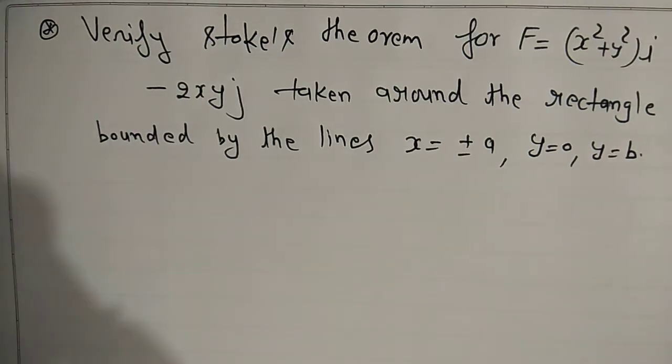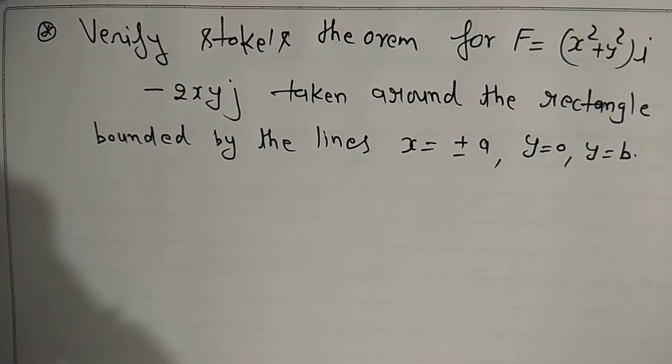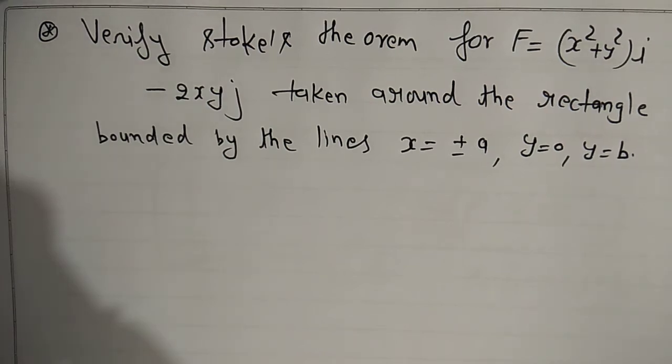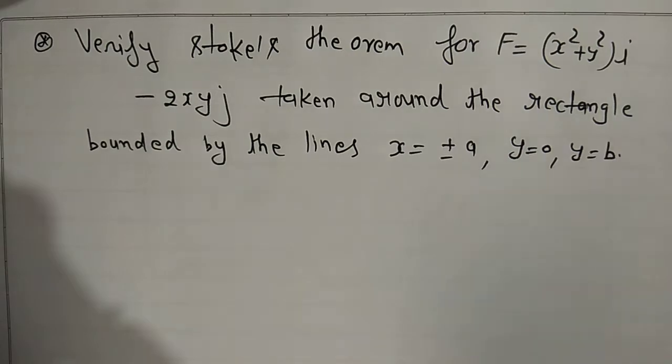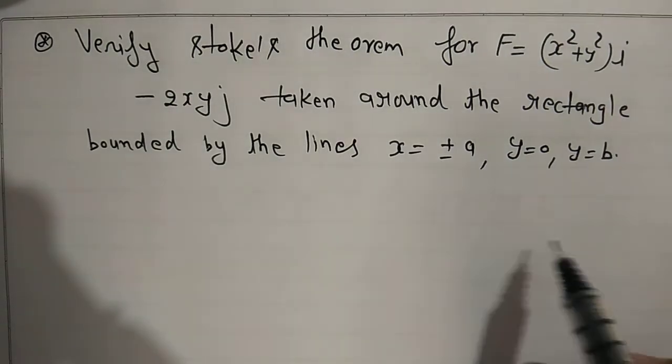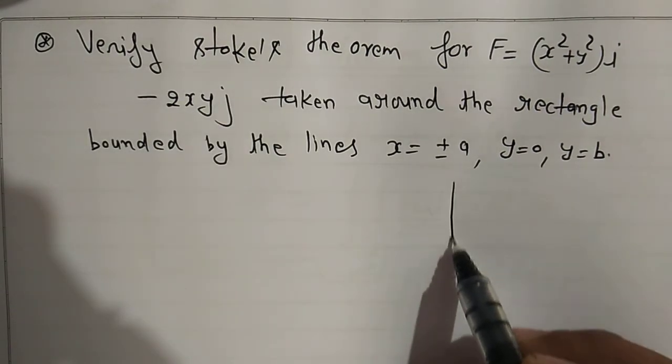So the question is given: verify Stokes theorem for F equal to (x square plus y square) i minus 2xy j, taken around the rectangle bounded by the lines x equal to plus minus a, y equal to 0 and y equal to b. So let me draw the rectangle first.